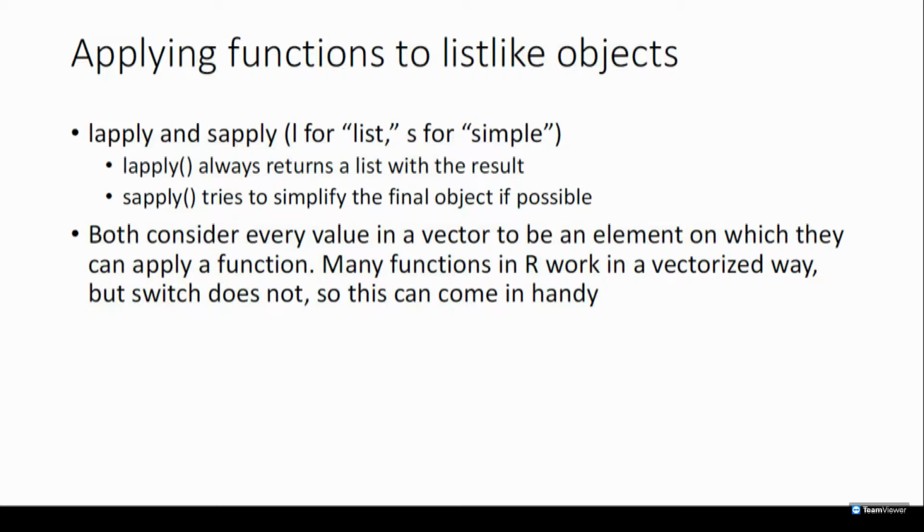The other thing is, if you recollect the last classes, most of these functions in R work on vectors, and many of these functions use vectorized operations. But we saw one example, the switch command, which takes only a value and not a vector.